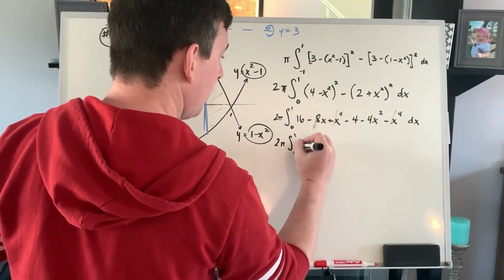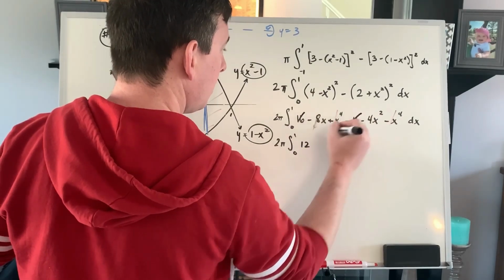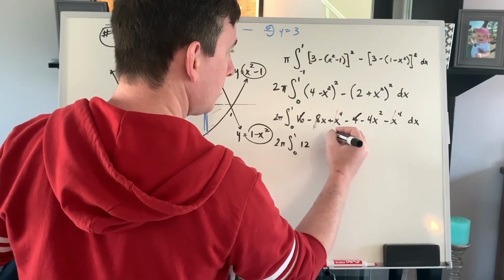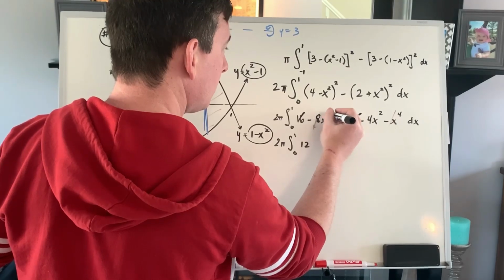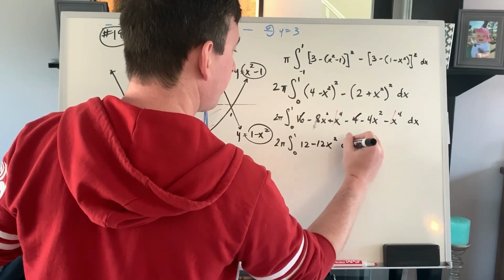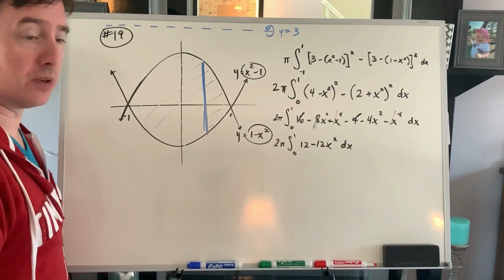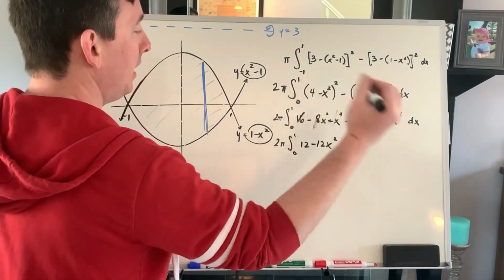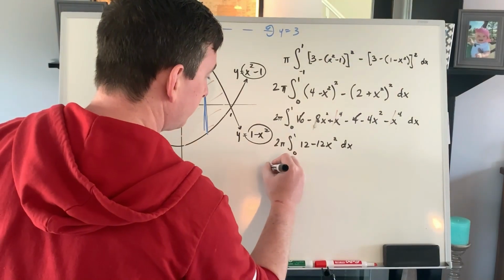I got 16 minus 4, and I think that should have been squared. There we go. Alright, so just do all that algebra first, just to clean up your integrand, and then we'll go ahead and finally integrate.